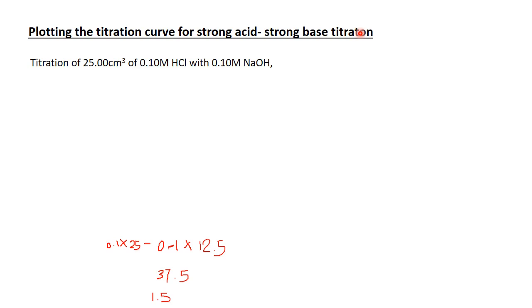So we are going to calculate theoretical values for these specific points. We are going to titrate 25 cubic centimeters of 0.10 M HCl with 0.10 M NaOH. First we should know about the net reaction.